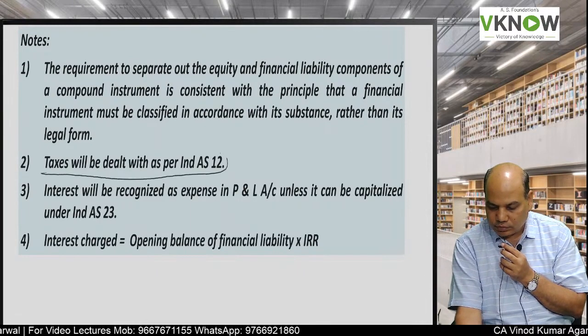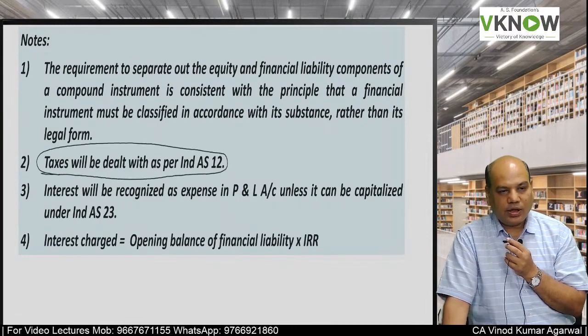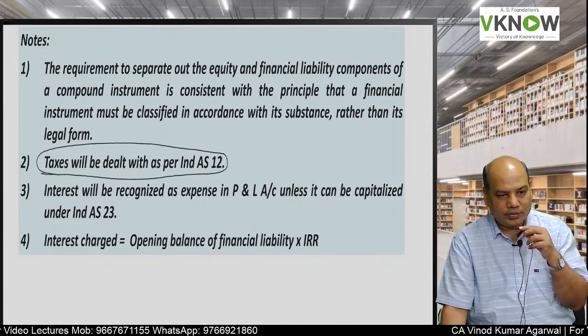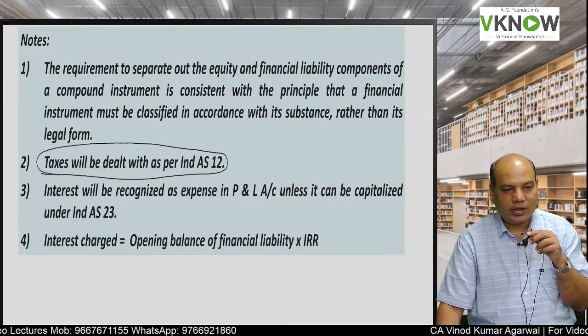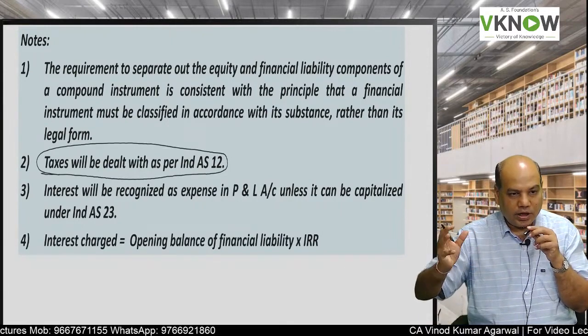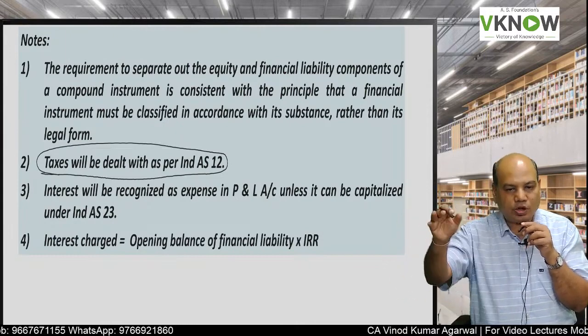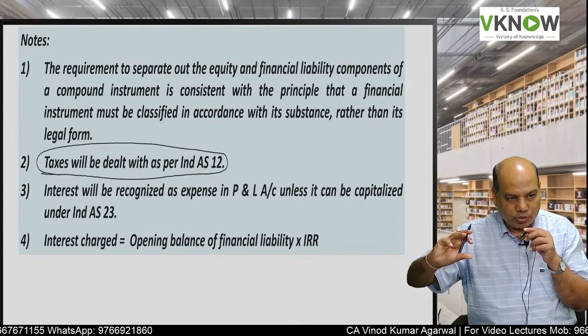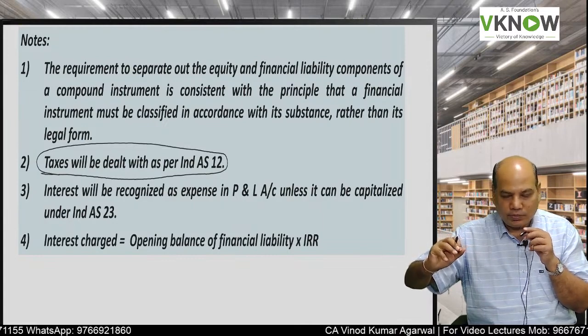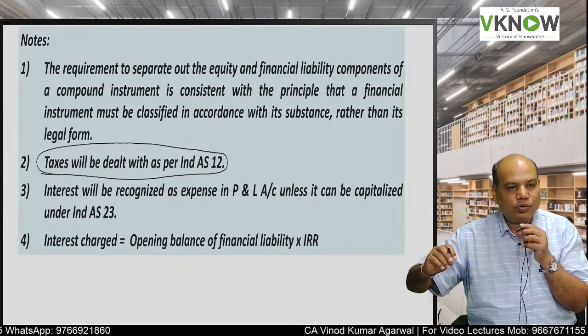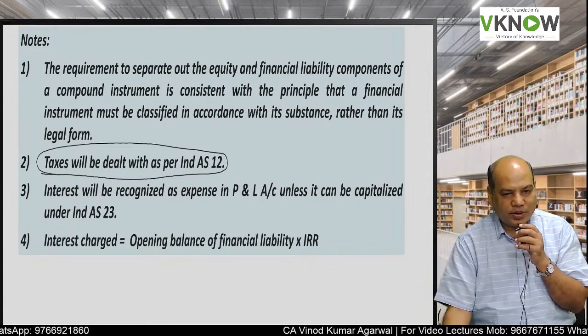If deferred tax is to be calculated, because the Income Tax Act does not deal with compound instruments, they still follow the old method of accounting. So there will be a difference between the book value and the tax base.